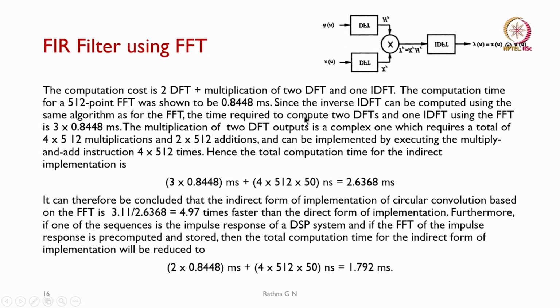Each complex multiplication, as we know, is 4 normal multiplications, 4 into 512 into 15. So, this is the additional, which runs at 2.6368 millisecond, and the total is 3.11 millisecond.